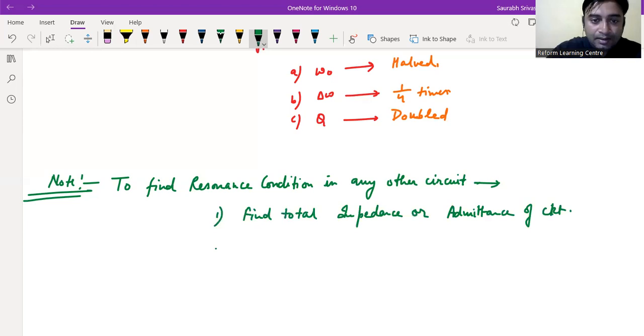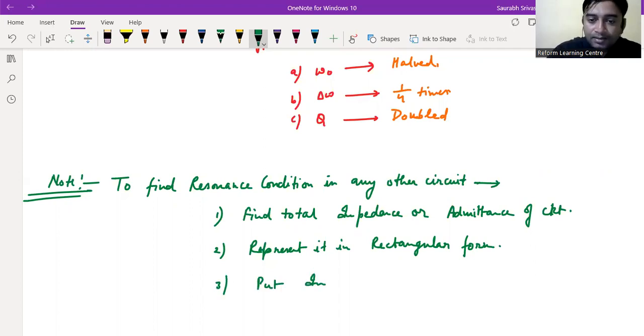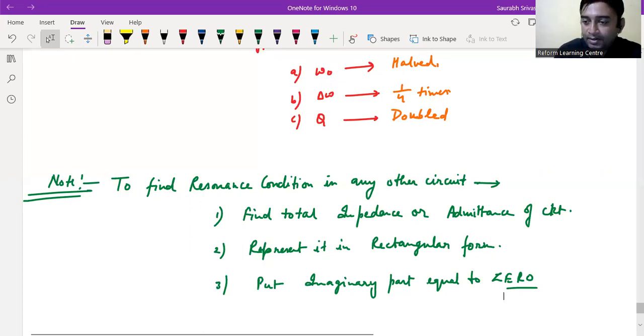Then represent it in rectangular form. उसको rectangular form में लिखना होगा. And then put imaginary part equal to 0. This is the method to find the condition for resonance in any other circuit.